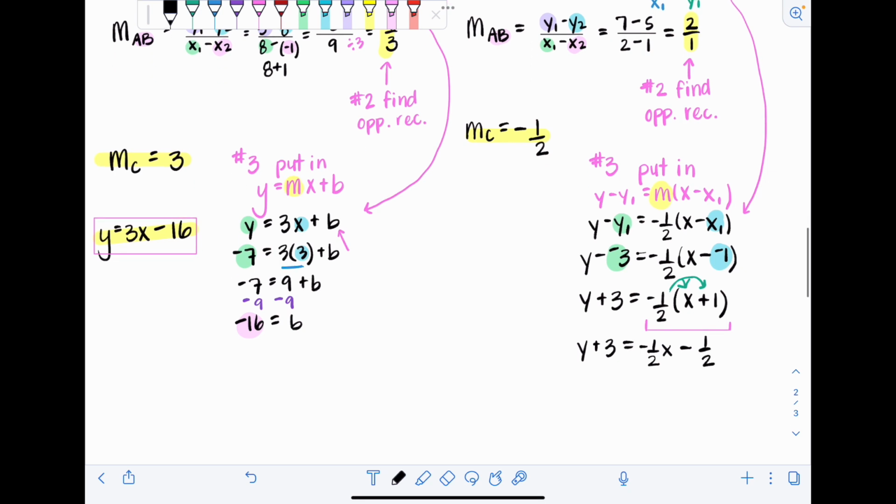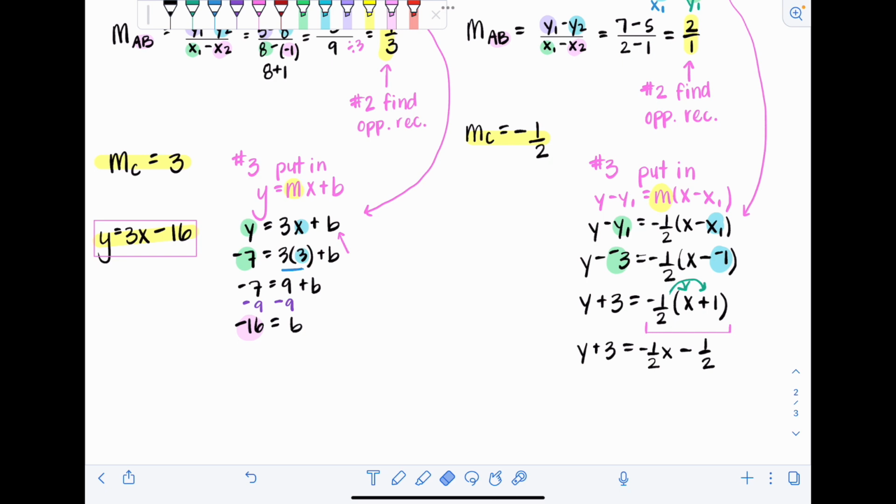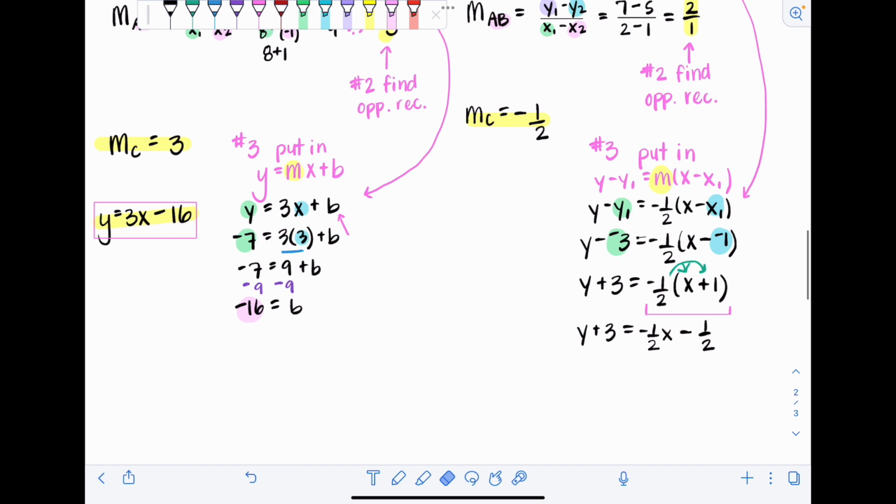I was going to change it to a decimal, but we can handle it with fractions. From there, we want to get y by itself, so I have to cancel out this plus 3. So I'm going to subtract 3 from both sides.